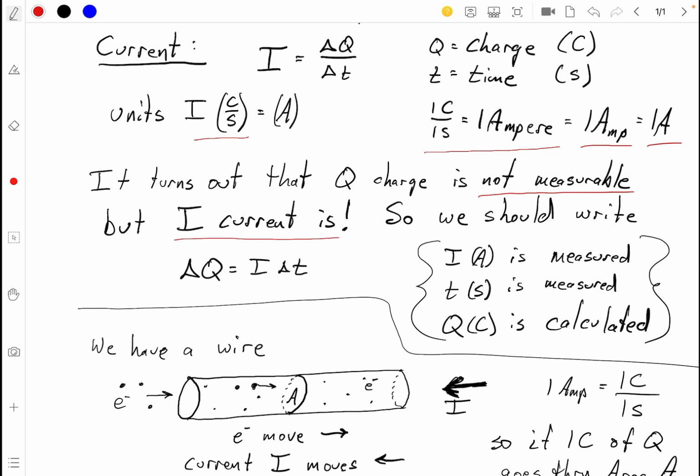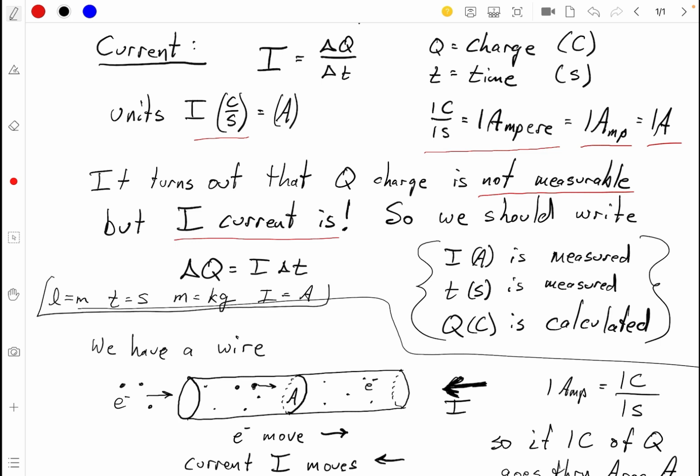We talked about this earlier in the semester, because last semester we could measure length in meters, time in seconds, and mass in kilograms. Well, now we can measure current, and that's in amps.